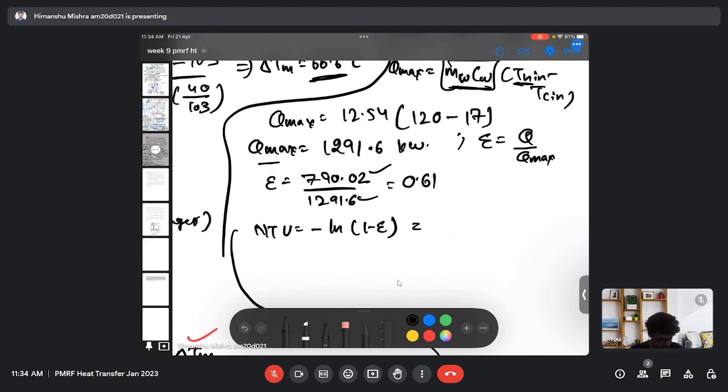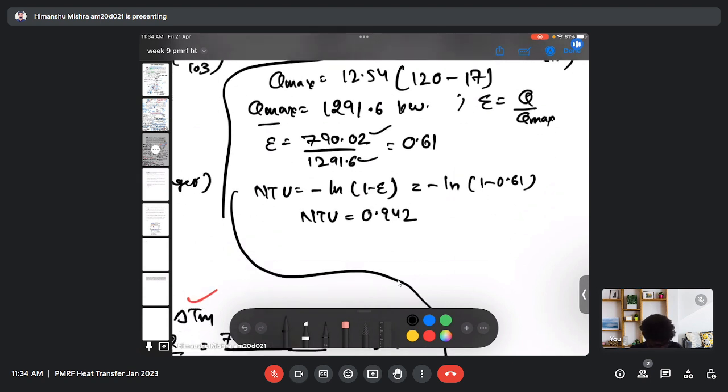We just need to put the values here, and my NTU will be 0.942, which means that now I can use my general formula for NTU to calculate the area.